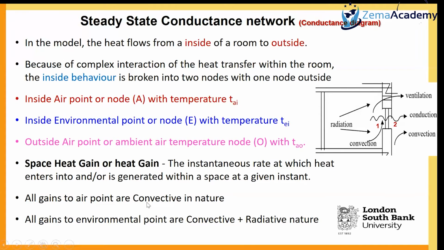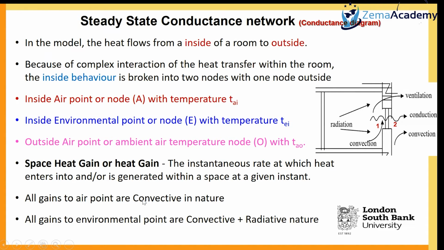What do I mean by that? I mean that the gain will be in the form of a convective heat transfer process. So, any heat that is added within the space will either be convective in nature, following the convective heat transfer process, or it will go to the environmental point, because there are only two nodes involved, air point node and environmental point node.